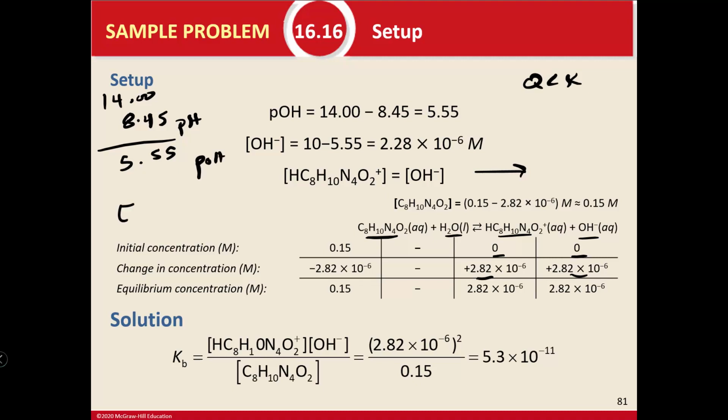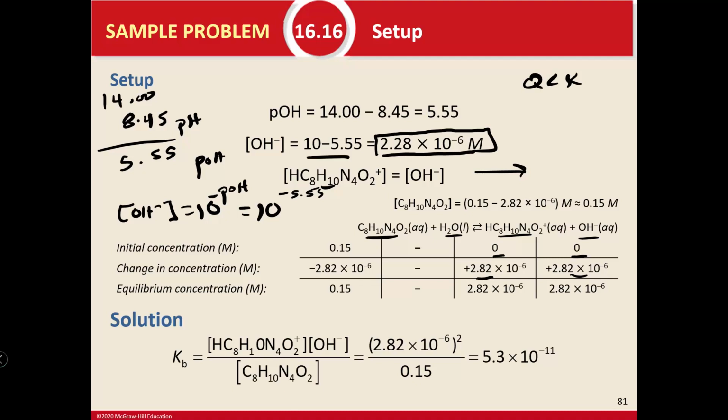And then I know that if I want to know what the hydroxide ion concentration is, I raise 10 to the negative pOH. And that's going to be 10 raised to the negative 5.55. They didn't show that right there, but there's your answer right there. Okay? And you get this number here. So that could be confusing on this slide. You do this, but then you got to plug it in here. All right?